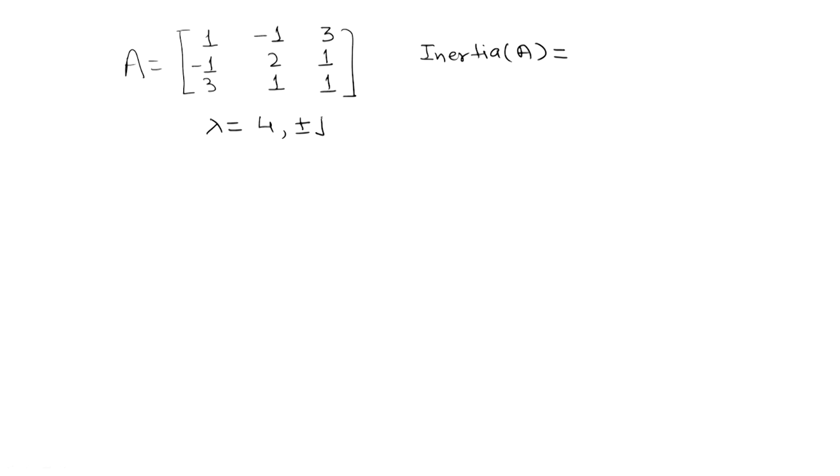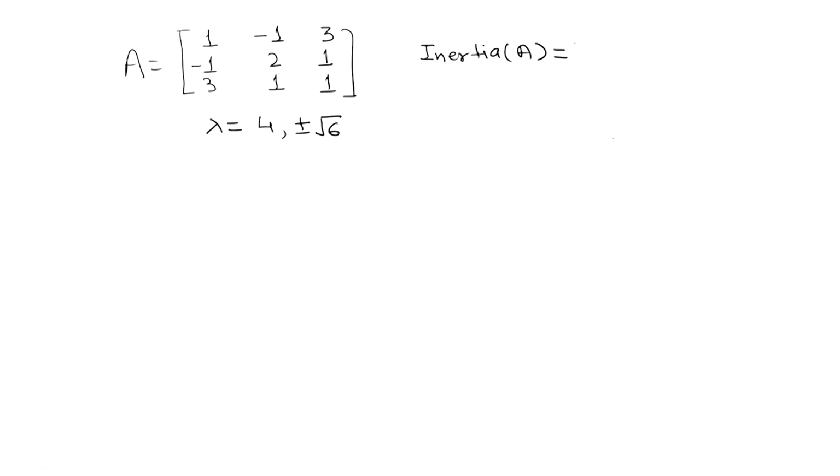So, if I take this example, A equals [1 -1 3; -1 2 1; 3 1 1], what is the inertia of this matrix? The inertia of A can be found just from the eigenvalues of A. If I calculate the eigenvalues of A, they come out to be 4 and plus minus root 6.